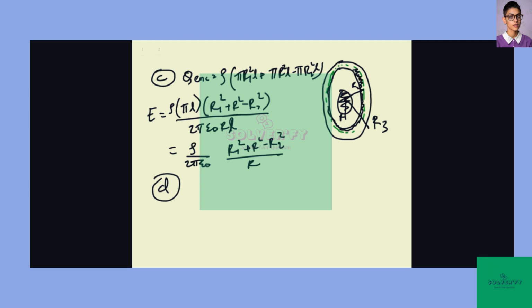For part D, we want to consider outside the whole cylindrical shell. So in this case, the charge enclosed will always be the same.